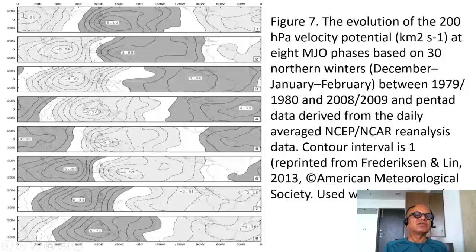So you can see going from phase 1, 2, 3, 4, 5, 6, 7, 8, you have the opposite phases of the velocity potential in the upper atmosphere propagating eastward here. So you can see the clear eastward propagation of the MJO and the associated upper level velocity potential.